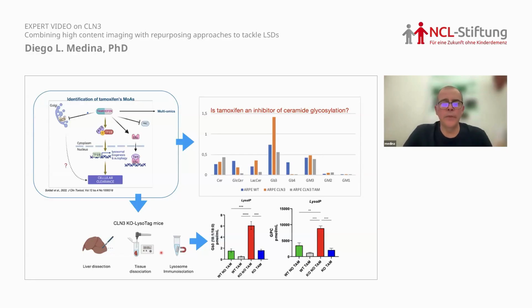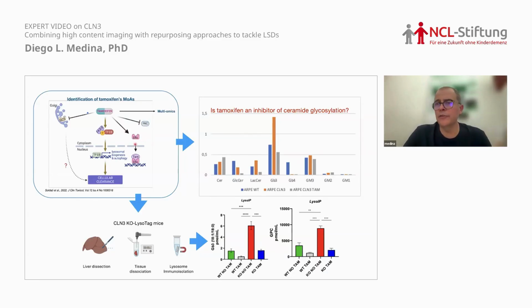So tamoxifen, we know that it activates TFEB because we demonstrated that it can translocate TFEB, and without TFEB, the clearance capacity is reduced. We know from literature and many other works and patents that tamoxifen can inhibit PKC and can modulate the estrogen receptor.